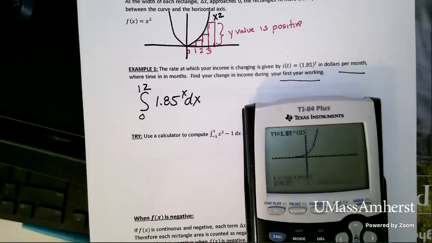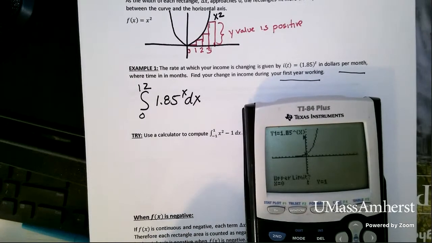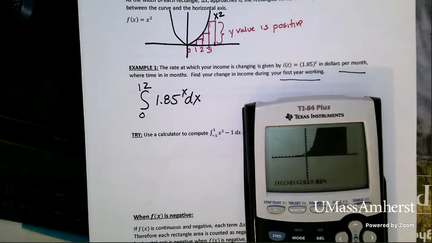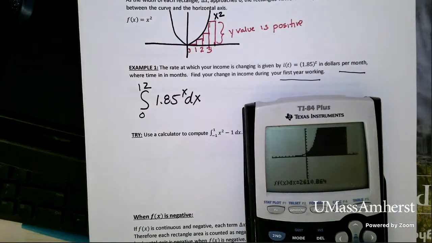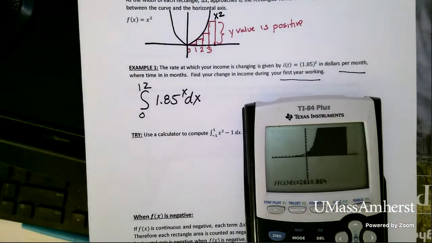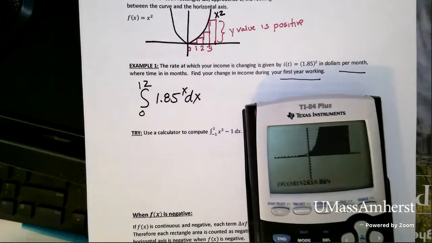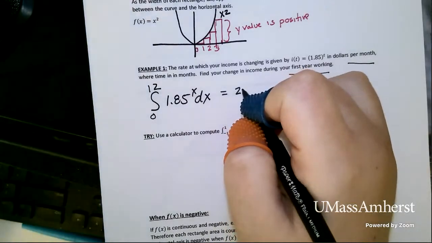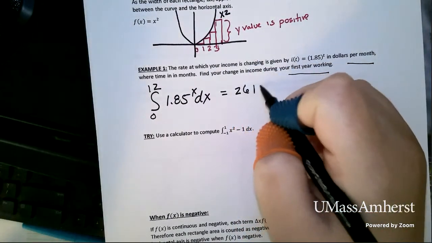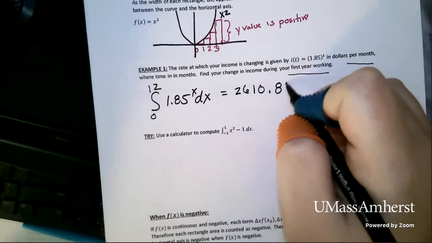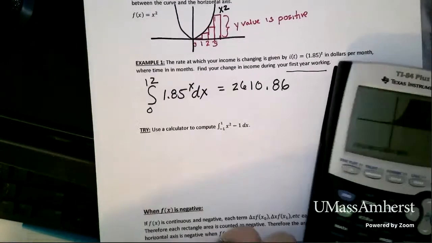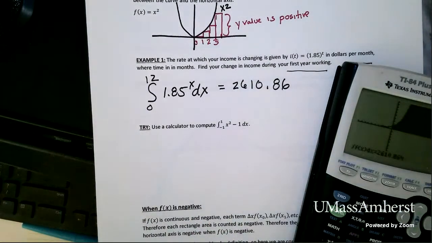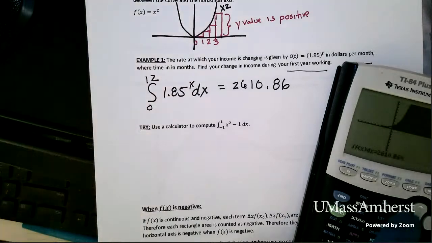It asks for the lower limit. I'm going from 0 to 12, and it's going to shade in that area for me, okay? So this area above the x-axis is positive, which means my change is a positive change. This number that's at the bottom, in case you can't see it, is 26.1086. Okay, so my income has increased. This number is positive. My income has increased. My function is above the x-axis.